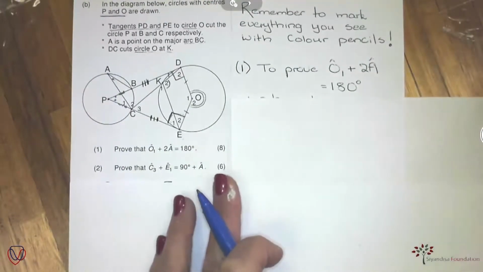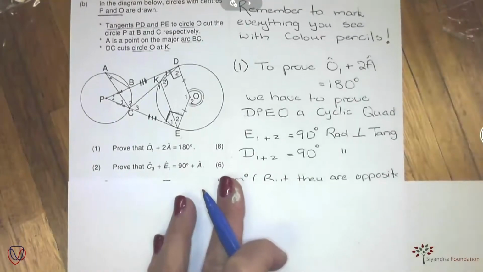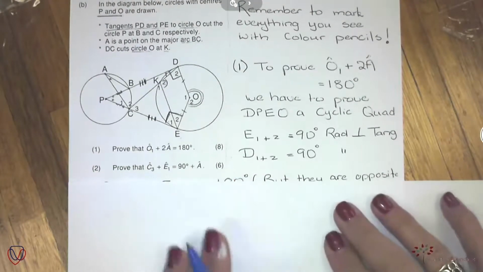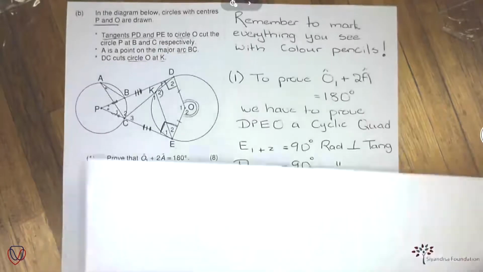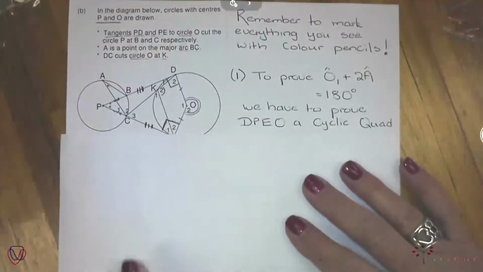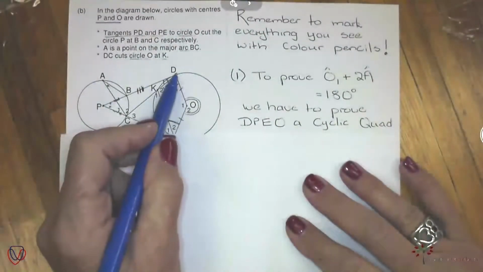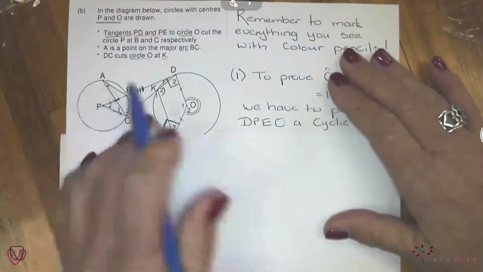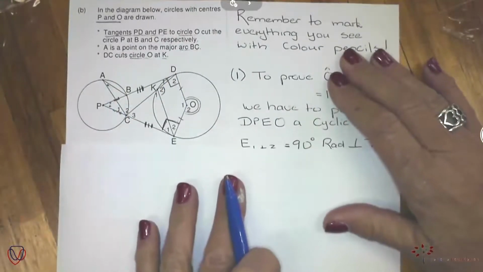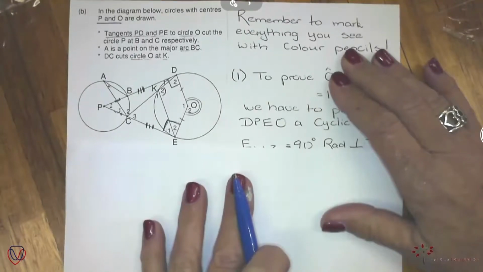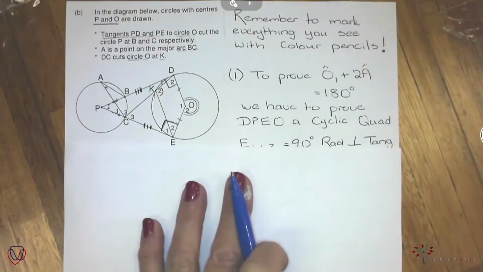The first thing we do here, we say, right, I've got to prove this DPEO a cyclic quad. People, this is the only solution. Because you know what?